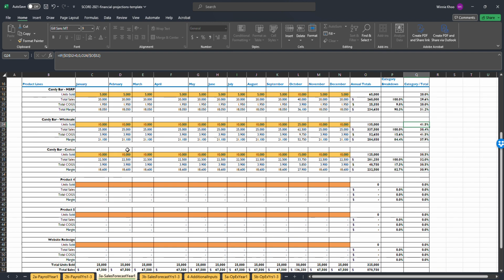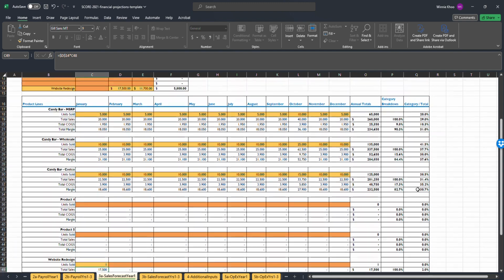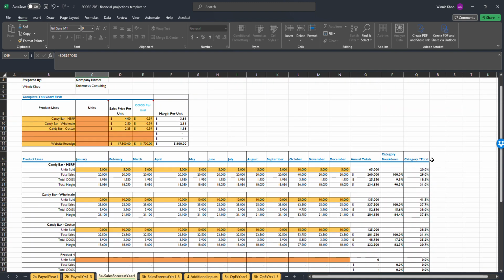So here, website redesign, we can produce one a month. So we'll just put one here. And the margin per project is roughly 33% here. So the last column here is category per total.